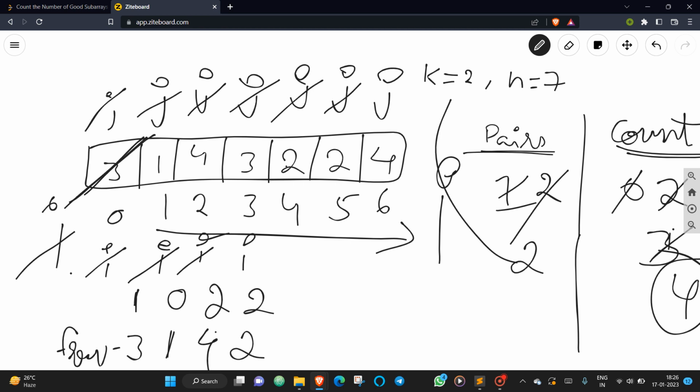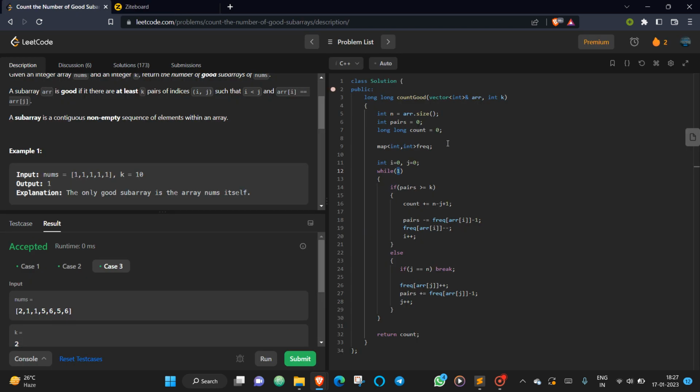Even if you have completed iterating all the elements, you still need to check whether eliminating the starting elements gives you the count or not. For that purpose, I have just run a loop without that condition.